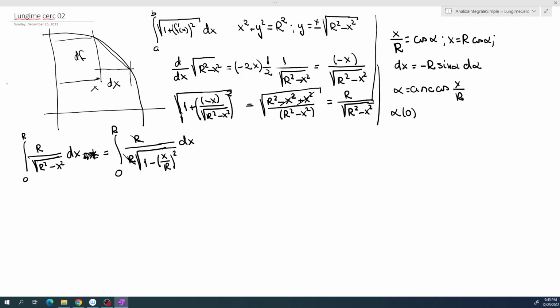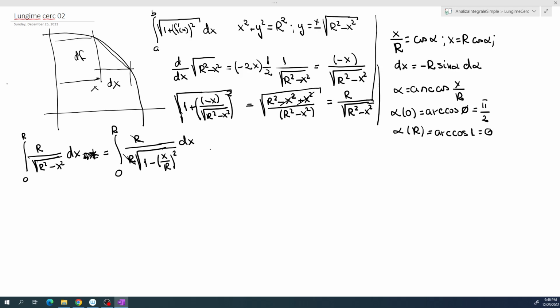Alpha of 0 is arc cos of 0, the angle whose cosine is 0, so I have pi over 2. Alpha of r is the arc whose cosine is 1, and this is 0.